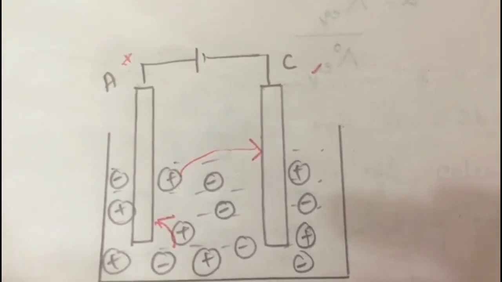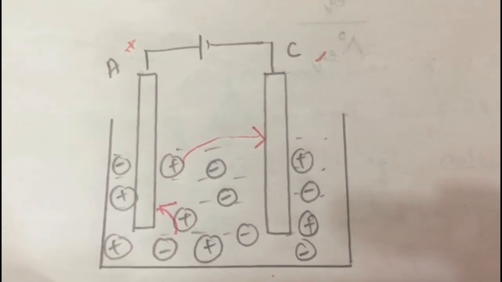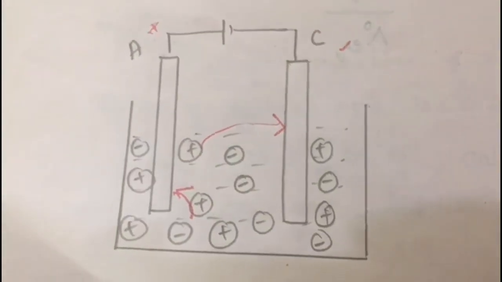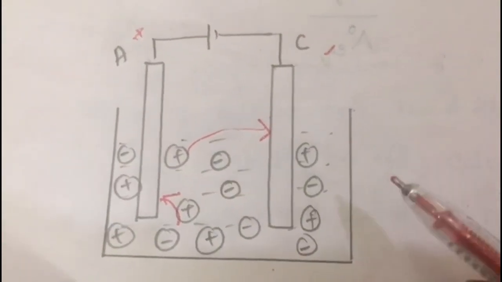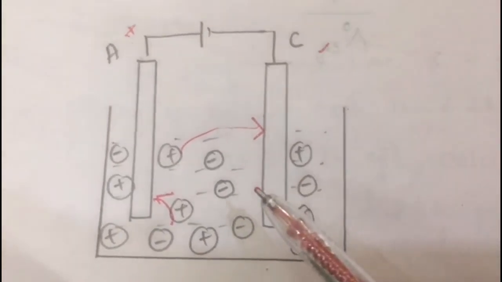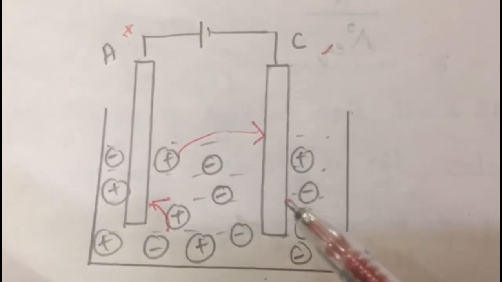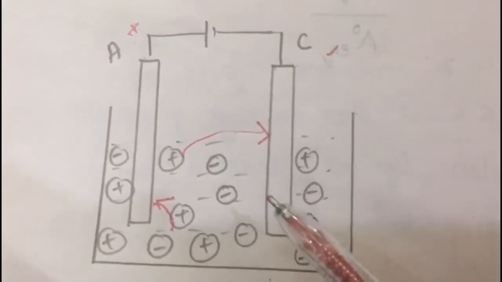So here the number of ions discharged depends upon the speed of ions. Here speed is converted into velocity. When ions are moving, speed or velocity will be there. That ionic mobility will determine the discharge of ions at both electrodes.